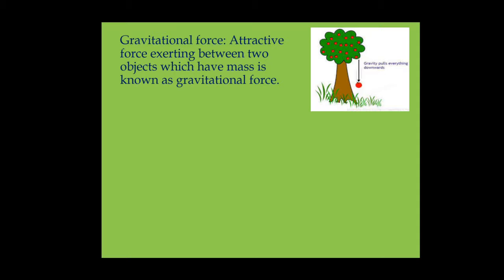We know any object, when we let it fall, always goes down. Any free falling objects always go to the ground. Why? Because the earth is always pulling each and every object which has mass, and this force is known as gravitational force, which is working downward.